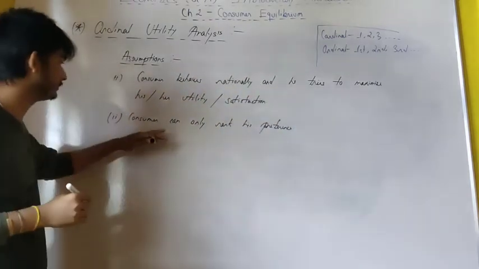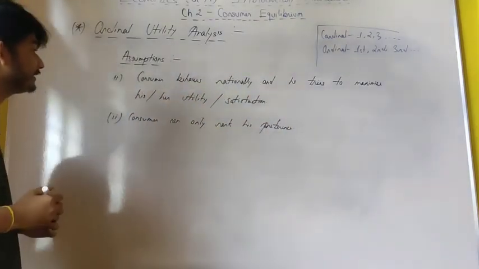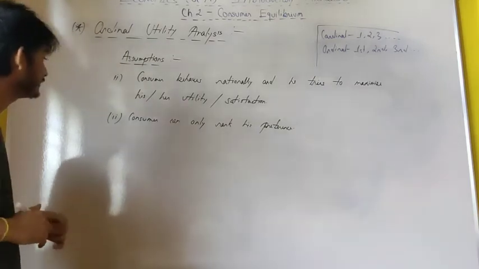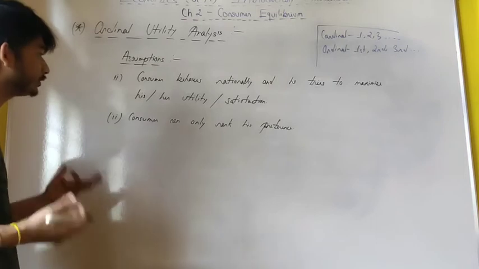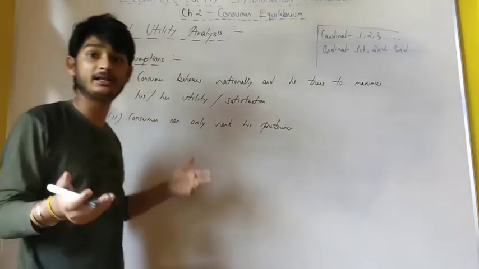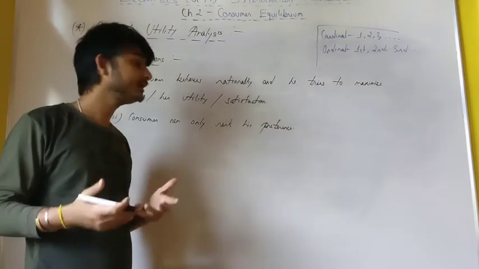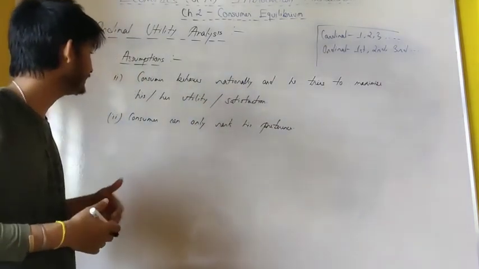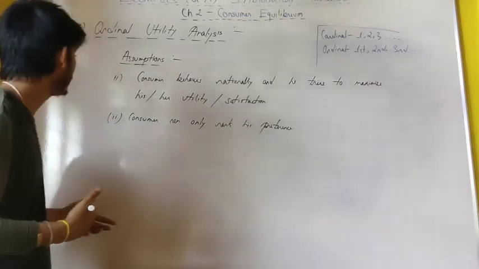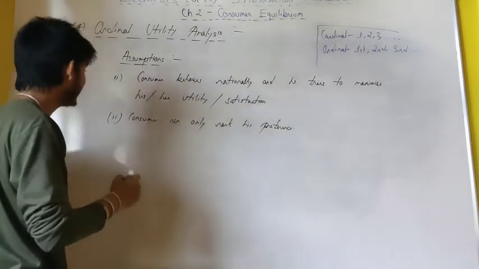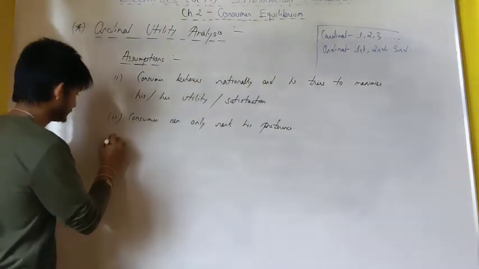This is a very strong assumption, at least in my sense, that in practical life also we cannot specify our preferences in terms of some numerical manner. Rather, we can specify our consumption pattern in terms of ranking of commodities. So a consumer can only rank his preferences.